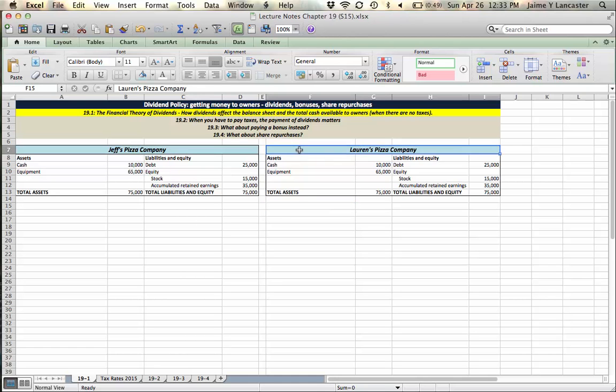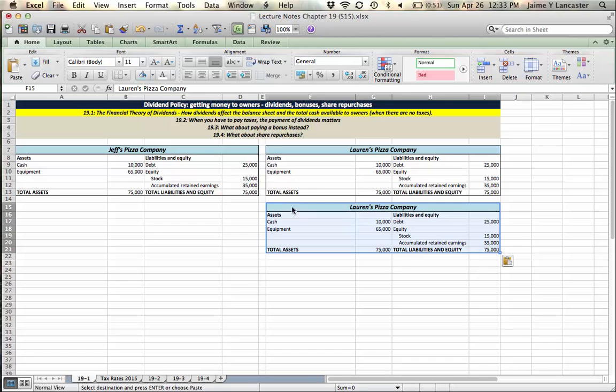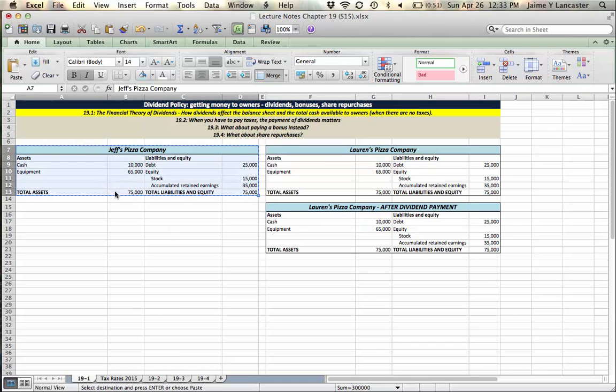So let's take Lauren's Pizza Company, and I'm going to copy this down here. I'm going to say Lauren's Pizza Company, and this is going to be her balance sheet after she pays herself a dividend. All right, Jeff's, we'll copy it and bring it down here.